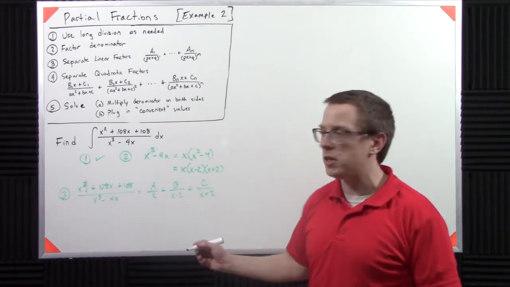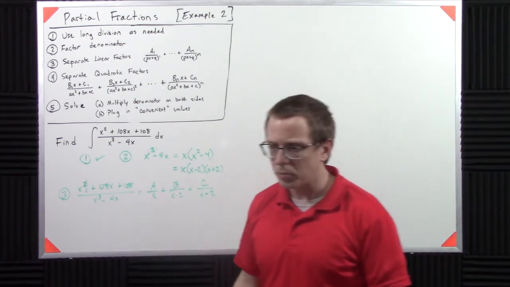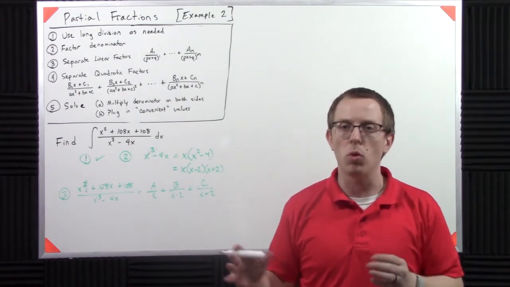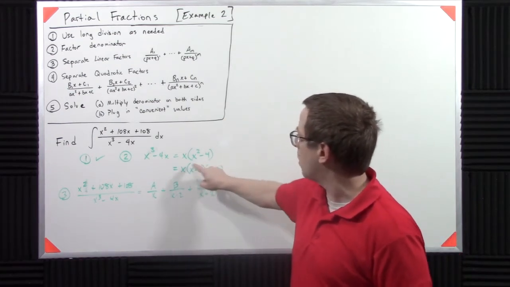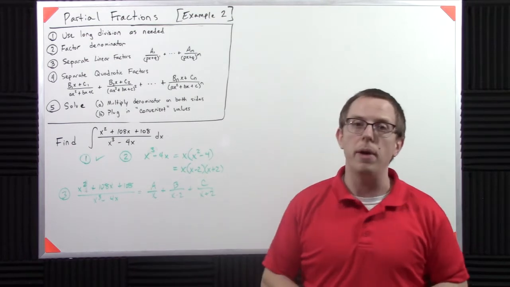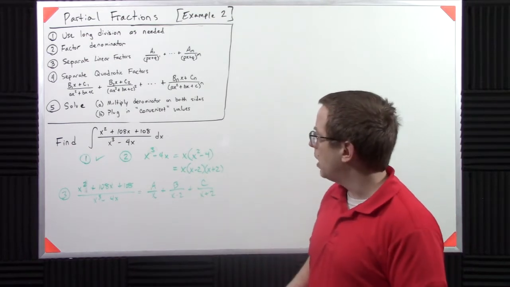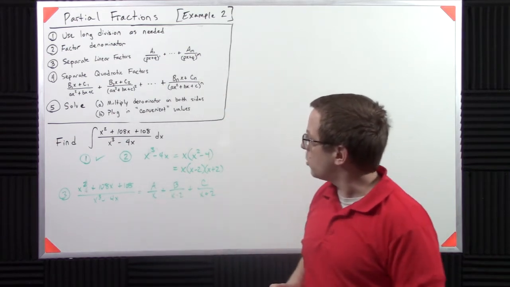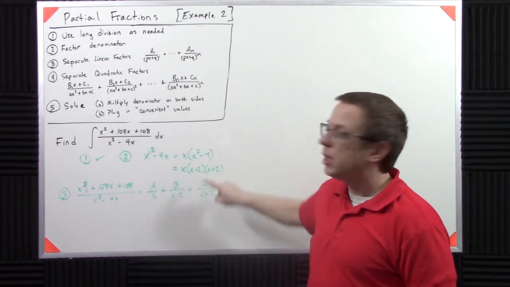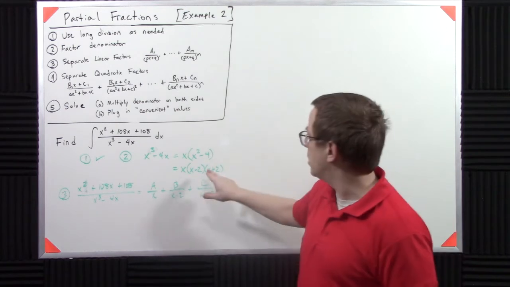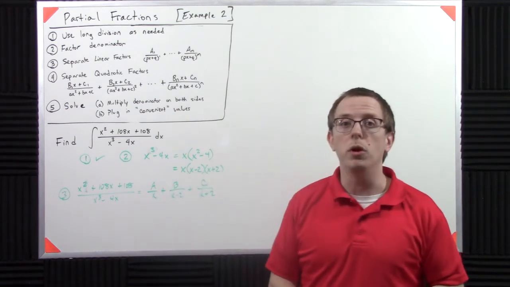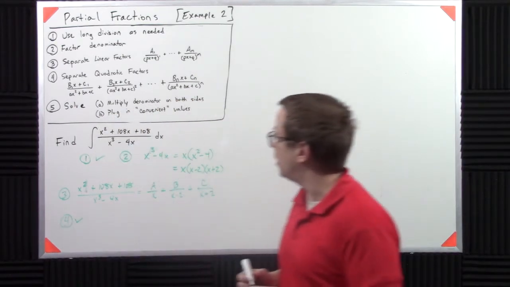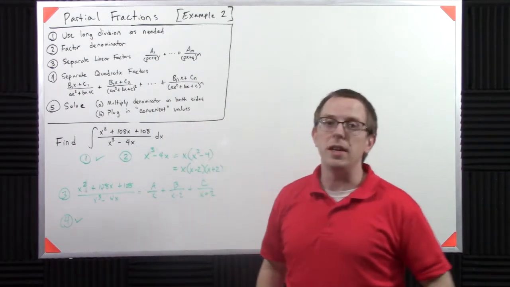So I have 3 distinct linear factors, and none of them have multiplicity more than 1. I don't have a squared here or anything like that, so I don't have to worry about repeated terms. Finally, I need to separate any quadratic factors, but each of these is a degree 1 polynomial, so that's already done. Finally, we move to step 5.